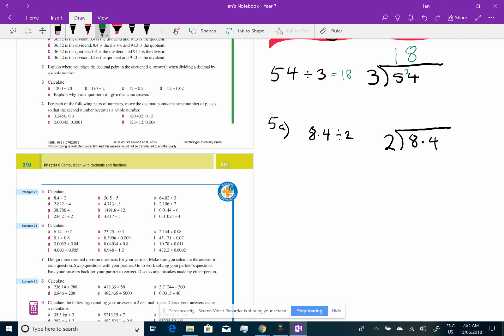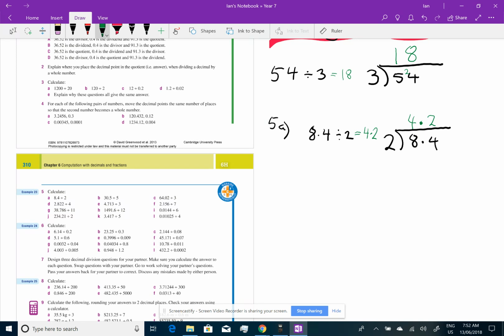And we go, all right, 2 goes into 8. Well, that's easy, 4 times. And now because I've got place value, I just put that decimal point up there, because I've set this up as an algorithm that involves place value. Now, 2 goes into 4 twice. And we're done. And my answer is 4.2.